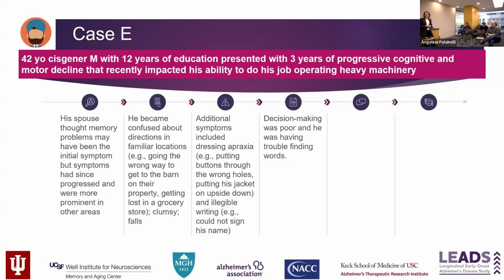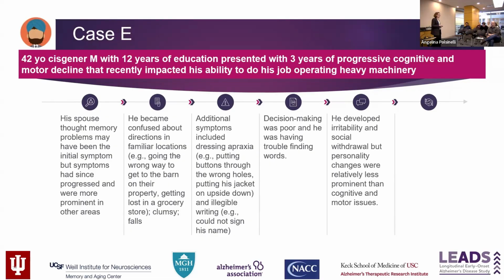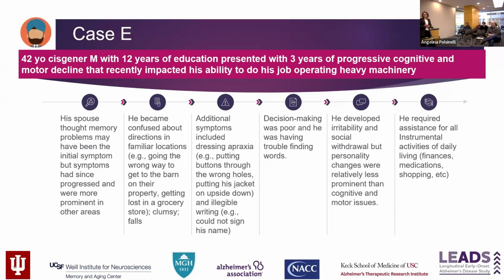Decision-making was poor and he was having trouble finding words, and he developed some personality changes, including irritability and social withdrawal. But again, these personality changes weren't the severe component of his presentation. He required assistance for all instrumental activities of daily living, so those complex things, including finances, managing meds, and some basic things like dressing. I think he also sometimes needed to be prompted to shower, but that's fairly common.